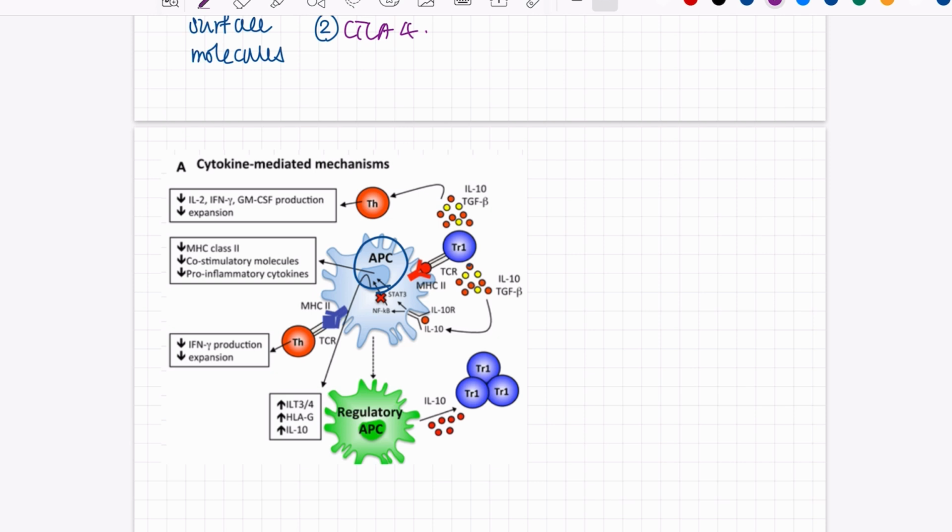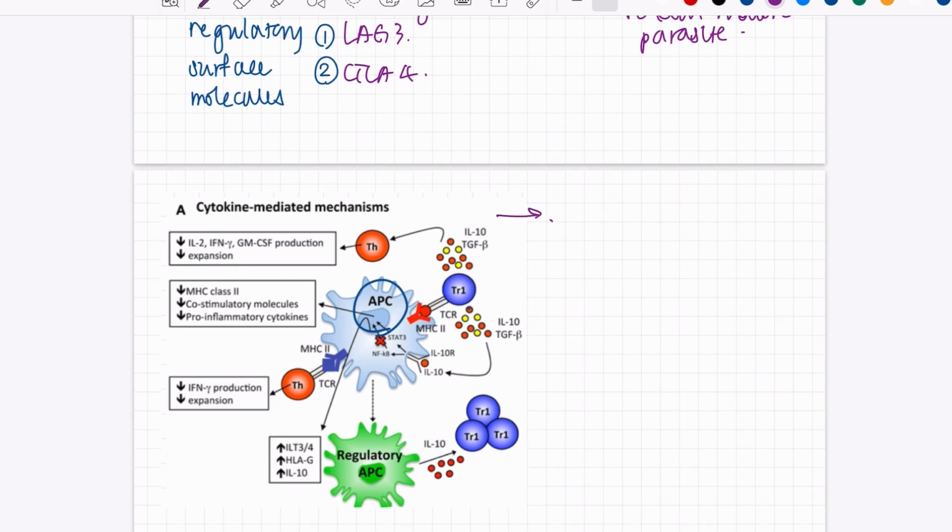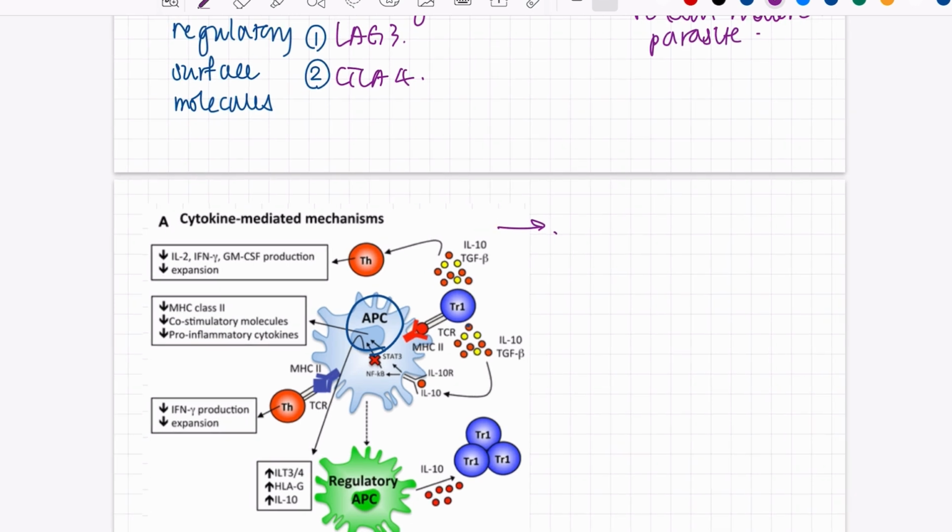So basically, in this specific type of mechanism, these type 1 regulatory T cells release cytokines such as IL-10, and they also release transforming growth factor beta. And these just reduce the activity of antigen-presenting cells, also known as APCs.